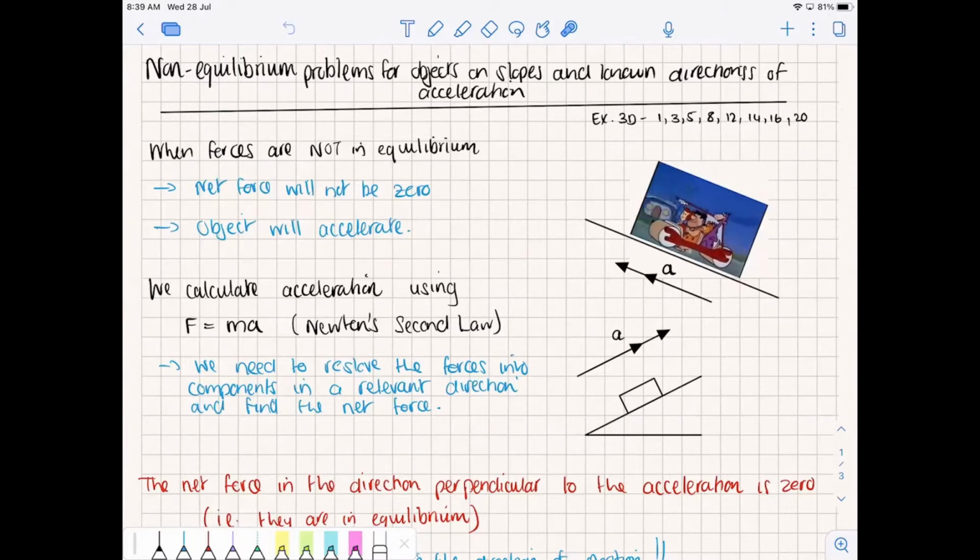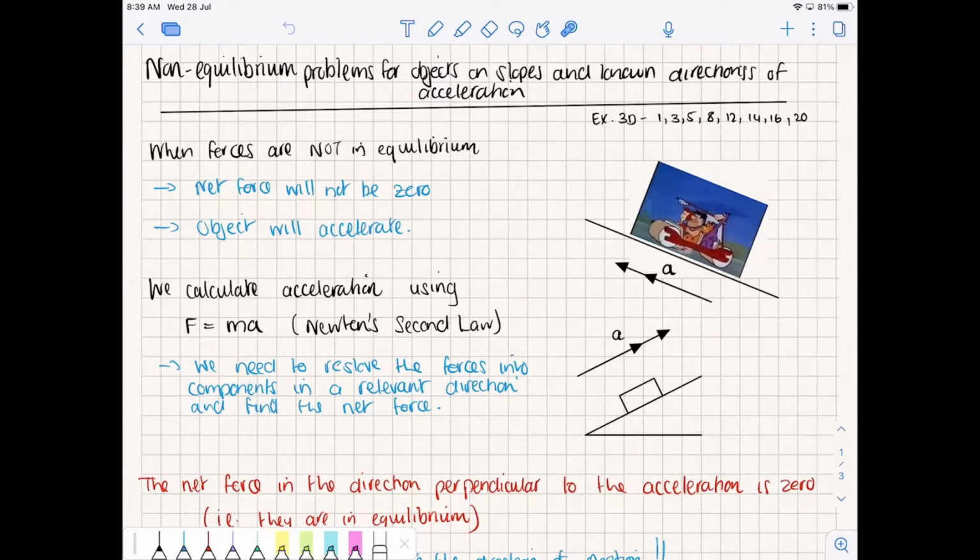So if we think back to chapter 2, when we're calculating force, we use that equation, force is equal to mass times acceleration. That's just Newton's second law. We will still need to resolve the forces into components in a relevant direction and find the net force.